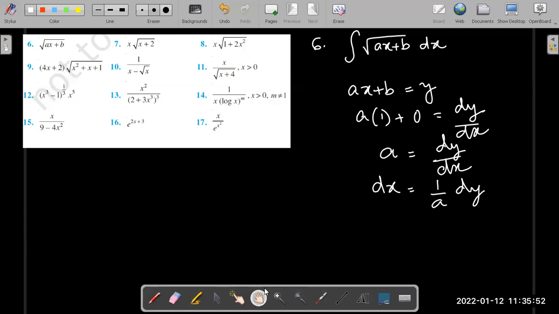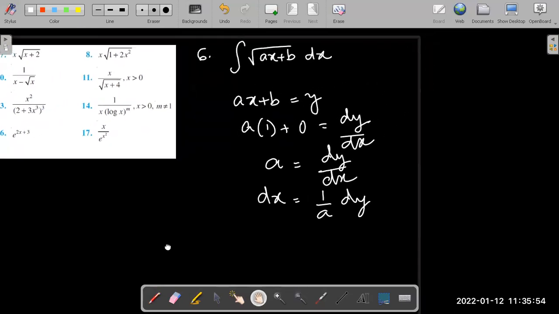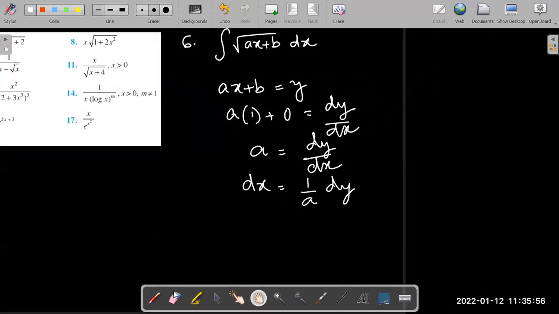Here, the coefficient of x is 1 and b is 0, a equals dy by dx, and dx equals dy by a. Clear? Now I go for substitution.